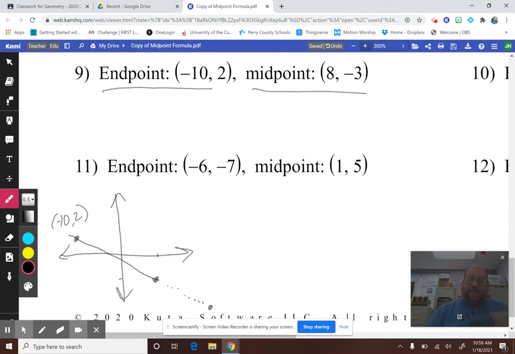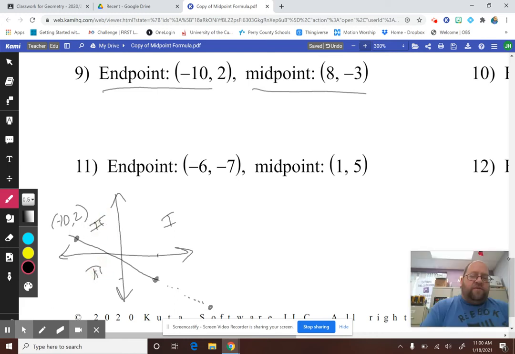Now, there's a couple of things that we can really realize when we start to look at stuff like this. If this was a multiple choice test, for example, I know that this is quadrant 1, this is quadrant 2, this is quadrant 3, and this is quadrant 4, right? And I know that values over in this area are going to have a positive x, I'm sorry, and a negative y, okay?